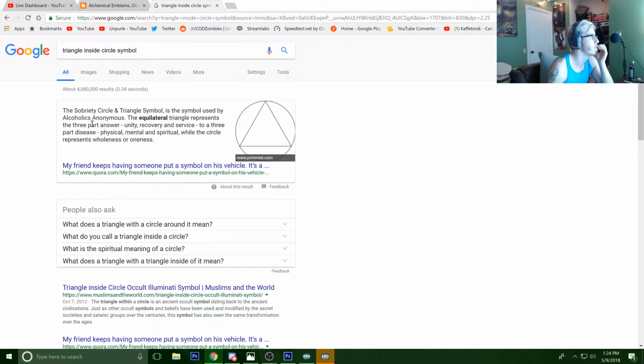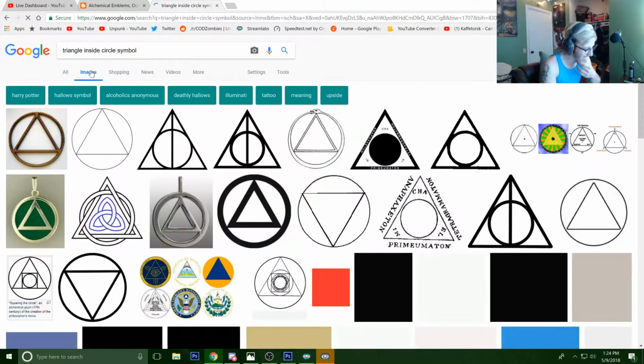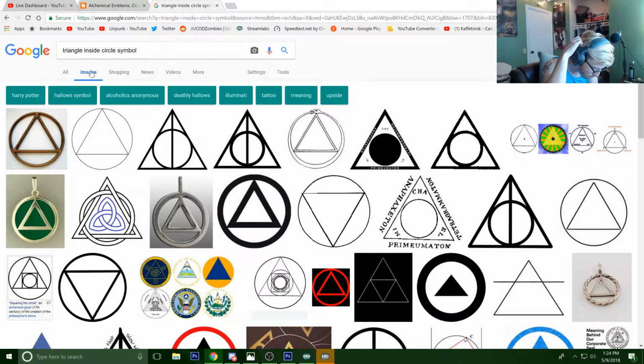The sobriety circle and triangle symbol. Alcoholics Anonymous. Unknown symbols might be spaces or pronouns. Usually happens. Okay. Search for that, punk. What? That might be it.